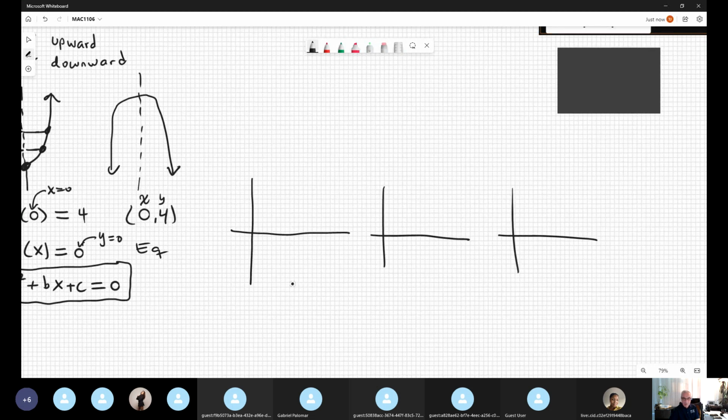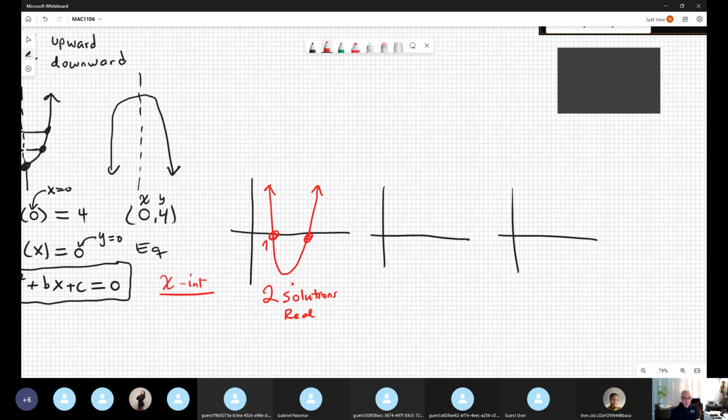Suppose the parabola, which is the most popular, looks like that and crosses in 2 points. These are the x-intercepts, because the solution of the quadratic equation associated with the quadratic function gives me two real solutions.